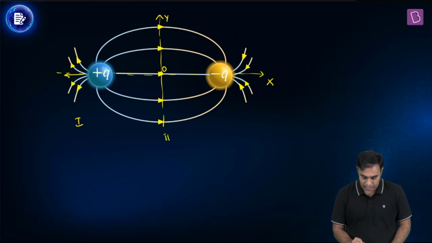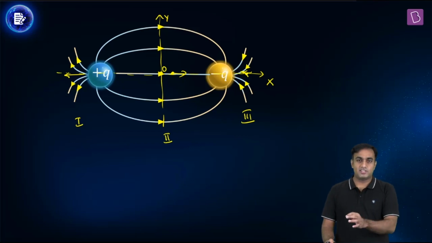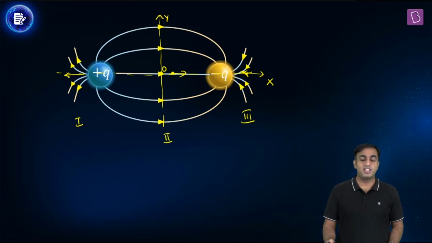In region number 2, at a point on x-axis, the field is along positive x-axis. And in region number 3, at a point on x-axis, the field is along negative x-axis. So we can conclude that along the x-axis, the field doesn't remain same in direction. It changes from point to point.